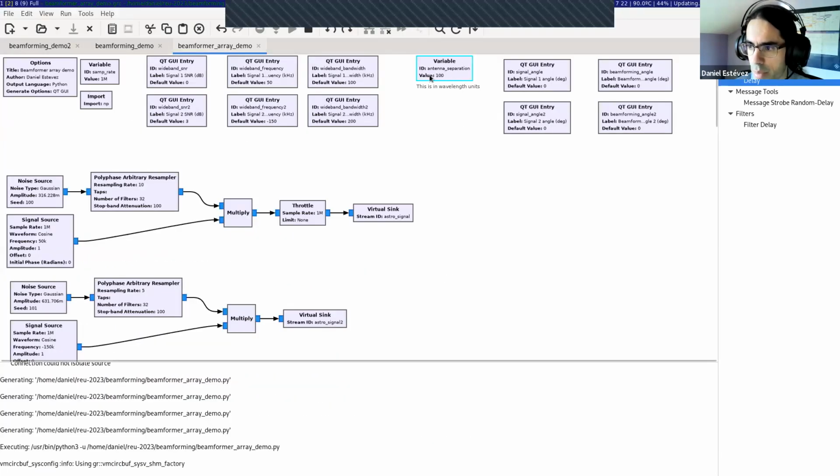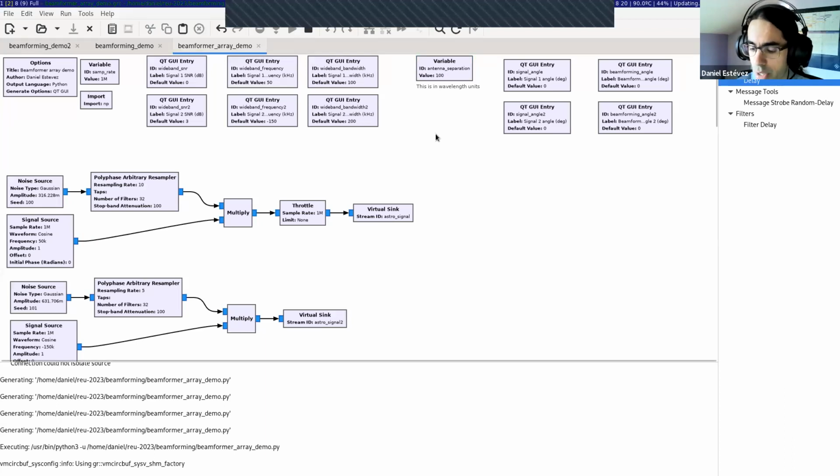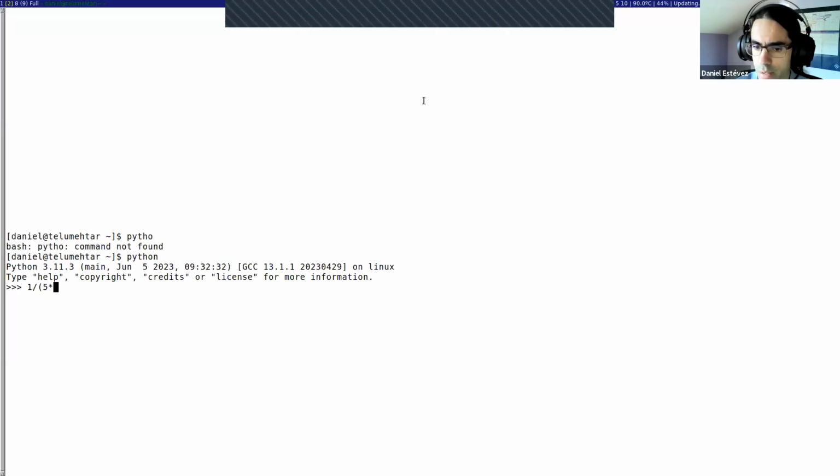So here is the antenna separation multiplied by 5, because we have 6 antennas. So the maximum separation is 5 times the separation, so 1 divided by 5 times 100. And this is the beam width in radians. So if we want this in degrees, we can convert radians to degrees. And we see that it comes pretty close to the 0.1 degrees we have seen.